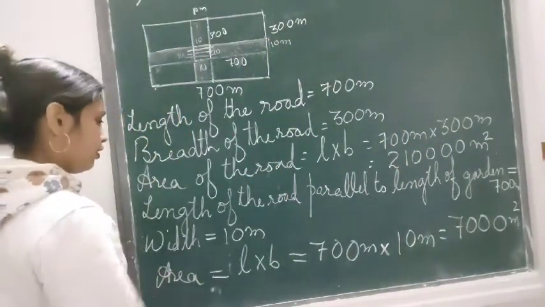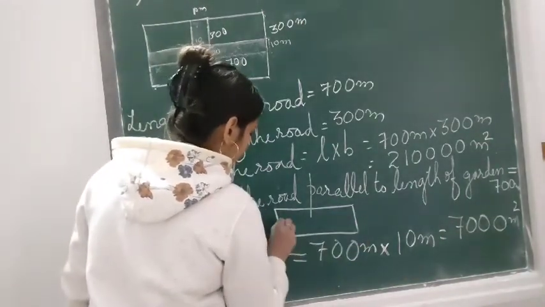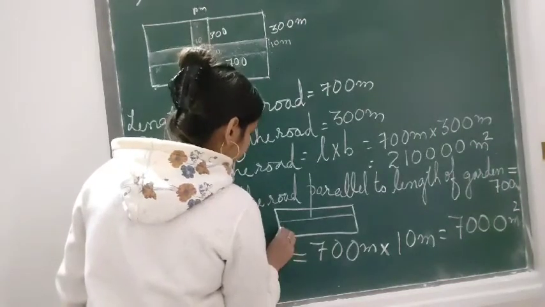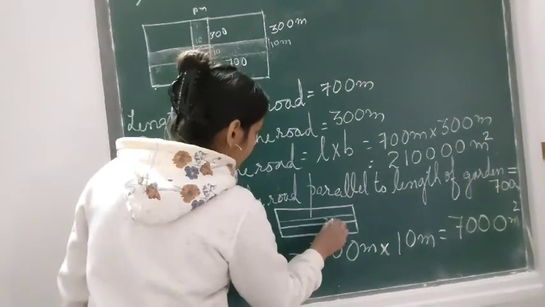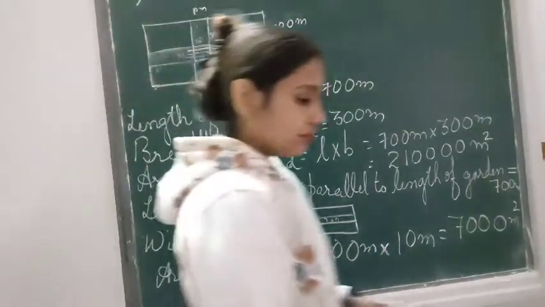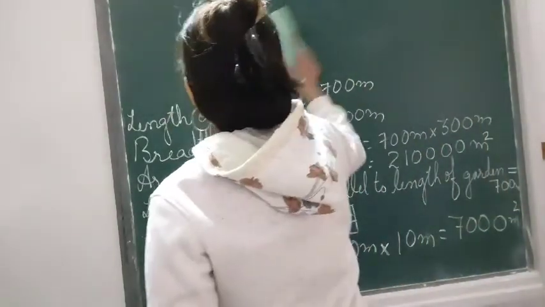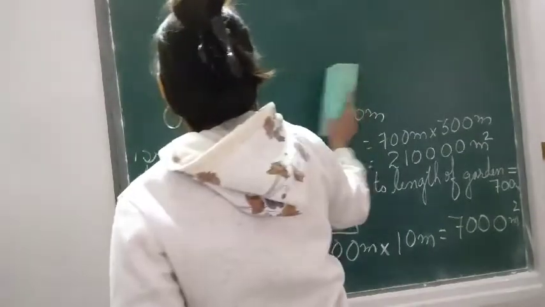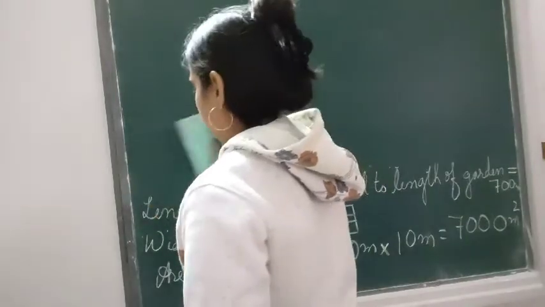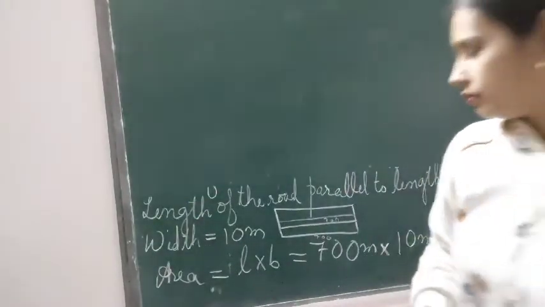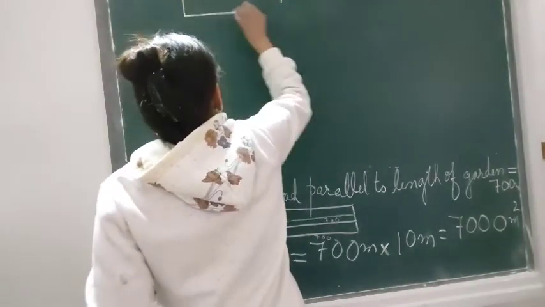If you want, you can make the diagram here also. We found this area. This was 700. Now the diagram once again.